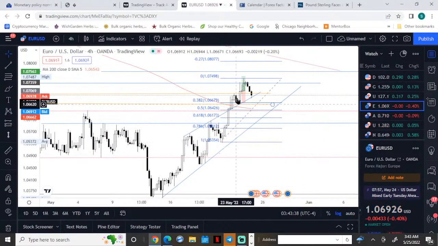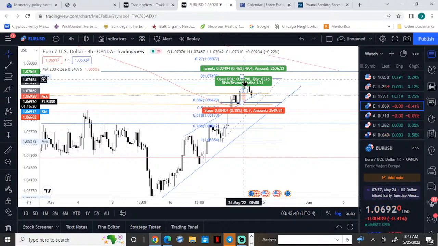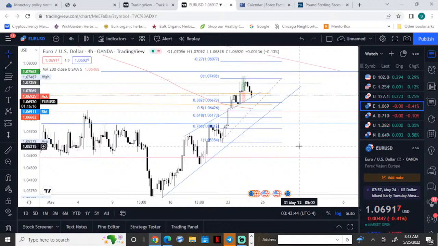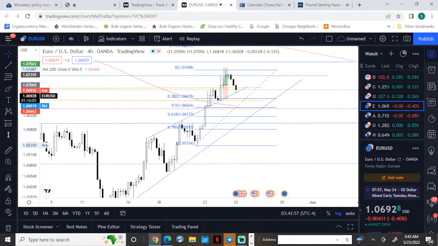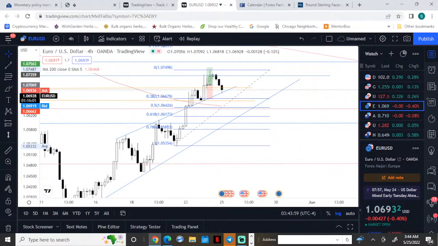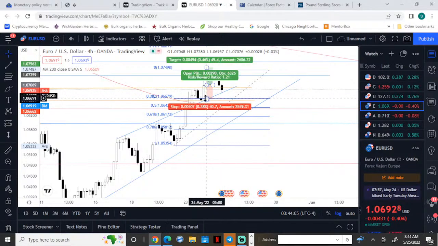So we got A, B. From what I was taught, a pullback is at least 3 candles. It hasn't quite come to the 382 yet.